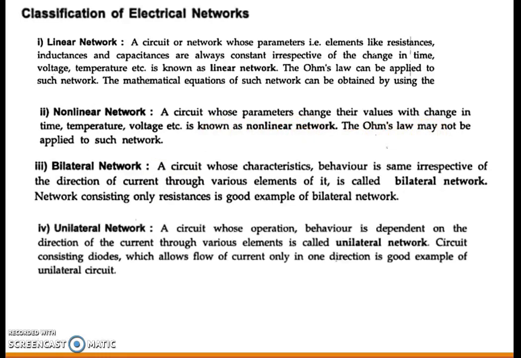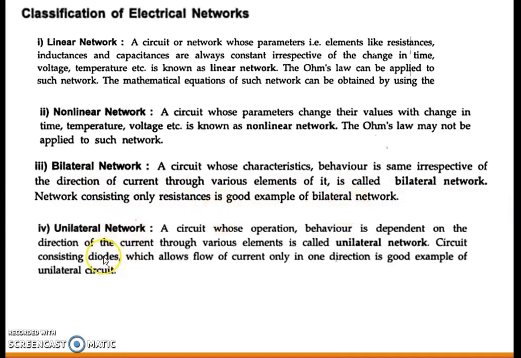Then bilateral network. As I said earlier, unilateral network and bilateral network are classified based on the direction of current. A circuit whose characteristic behavior is the same irrespective of the direction of current through various elements of it is called a bilateral network. A network consisting only of resistance is a good example of a bilateral network.